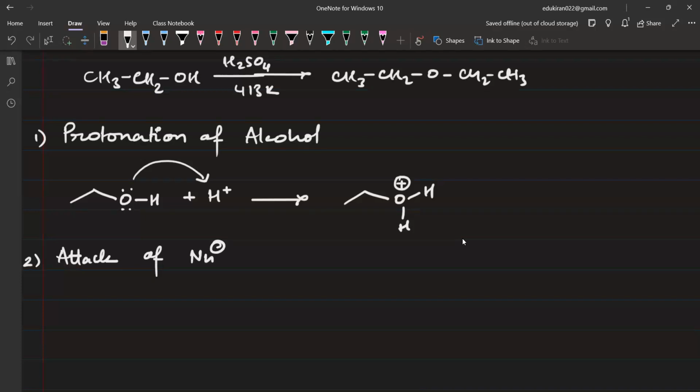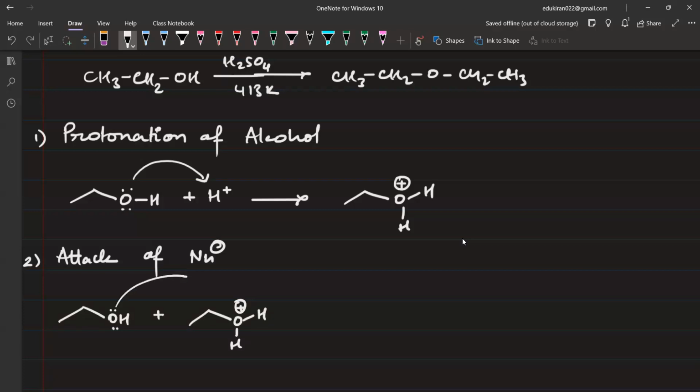Attack of nucleophile. Now, see, in the first step, some of the alcohols are attacking the H plus atom. Some of the alcohols will be still remaining. So those alcohols will attack onto this particular species. You have O, two hydrogens, and a positive charge.